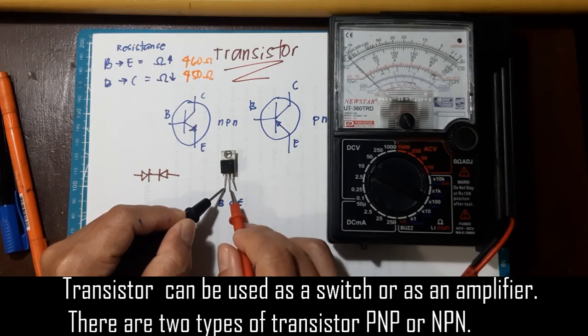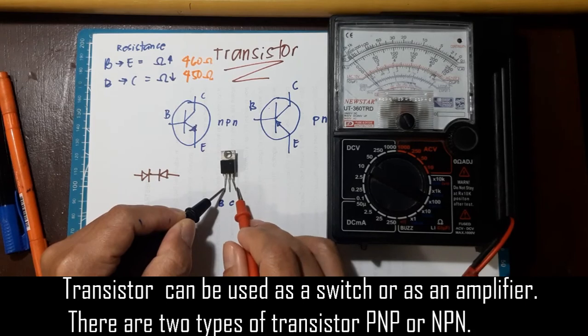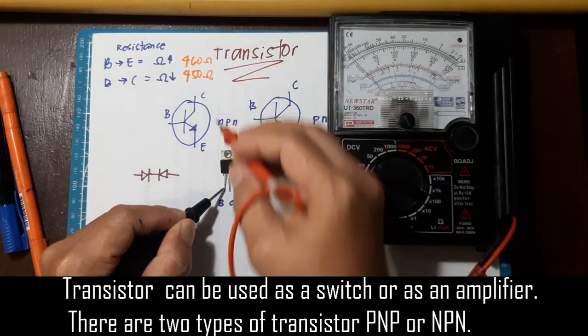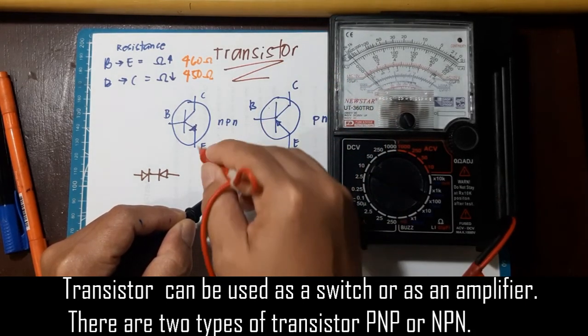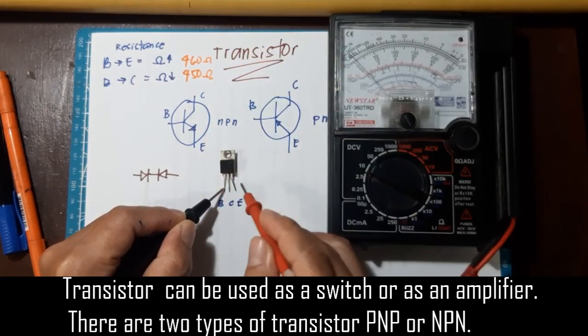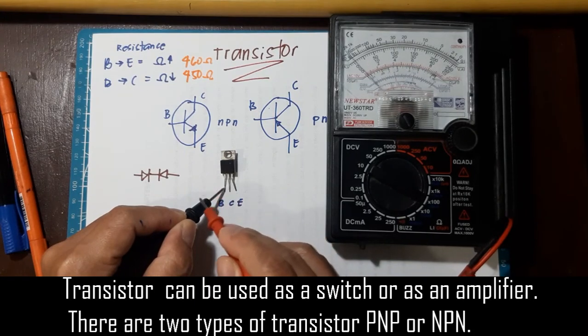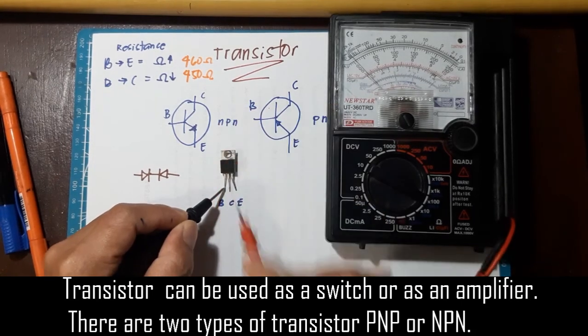So if this is my collector, that's my N, this is my P positive, and N, so it's an NPN transistor.